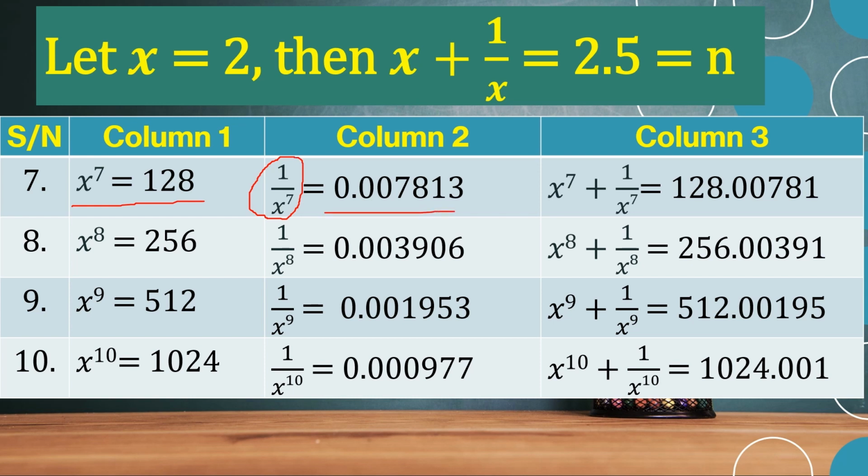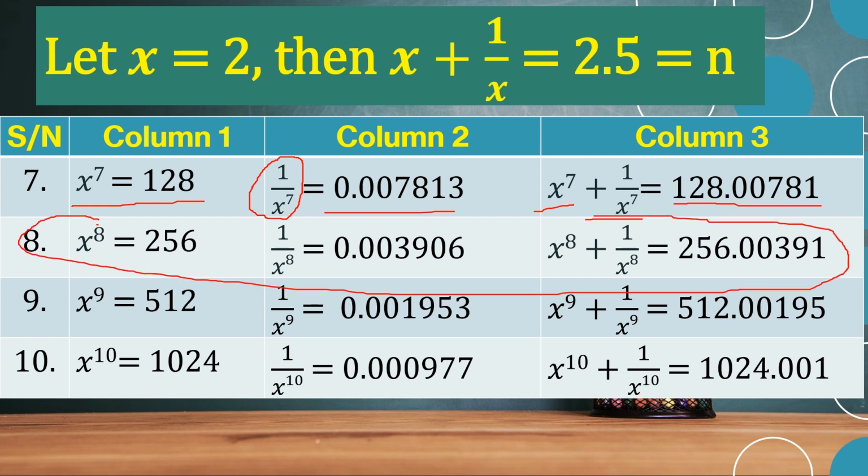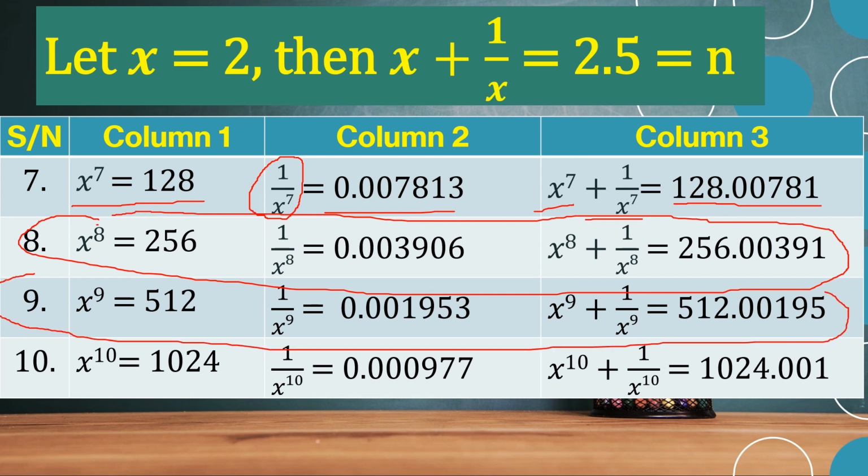And of course, by the time we add x raised to power 7, which is 128, to 1 over x raised to power 7, which is 0.007813, we obtain 128.00781. If we carry out the same thing for this, and also for the others here, we get our expressions as we can see above.